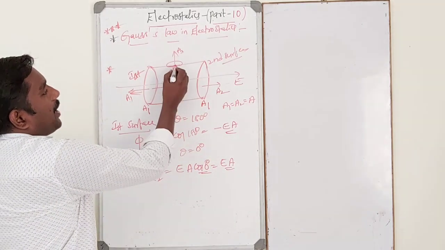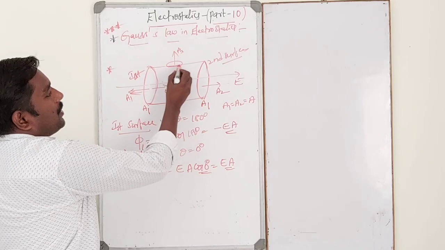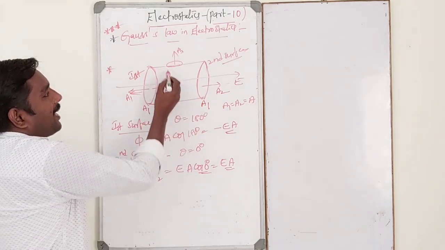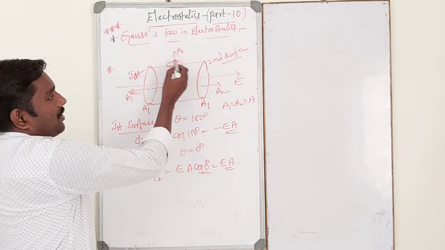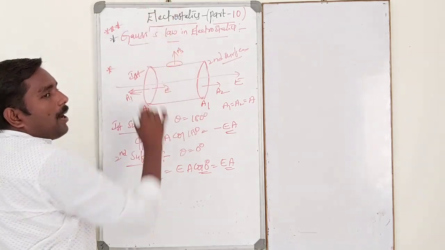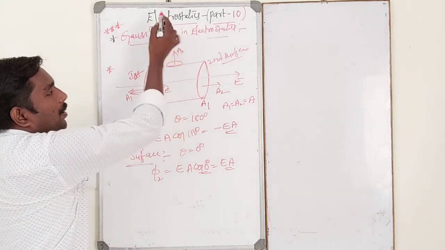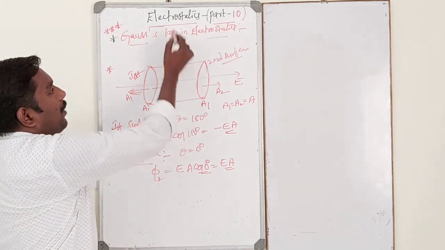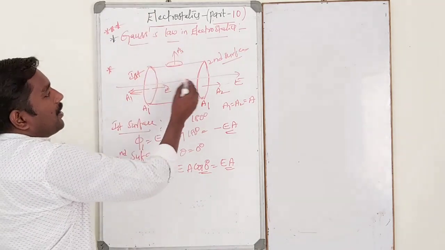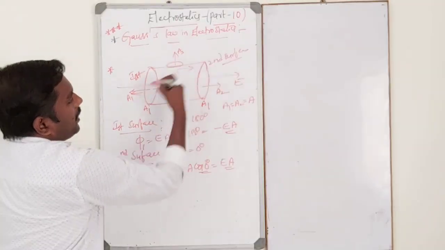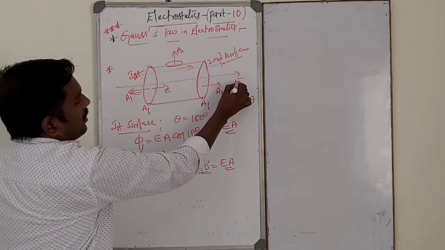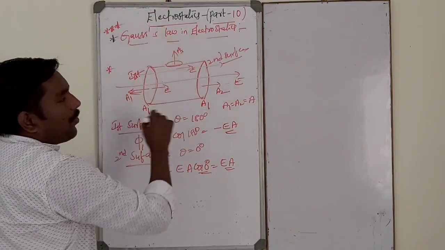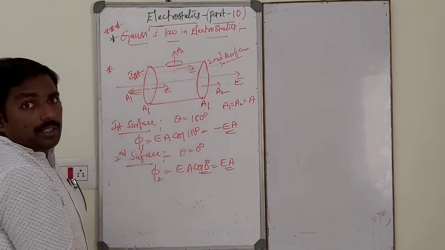Then in this case, the third one. This is a small ring. Just assume a small cut is there. What is the direction of this cut? Upwards, I will take upwards or inwards, whatever. What is the direction of the electric field? This is the electric field direction, and the area direction is upwards. What is the angle between them? 90 degrees.